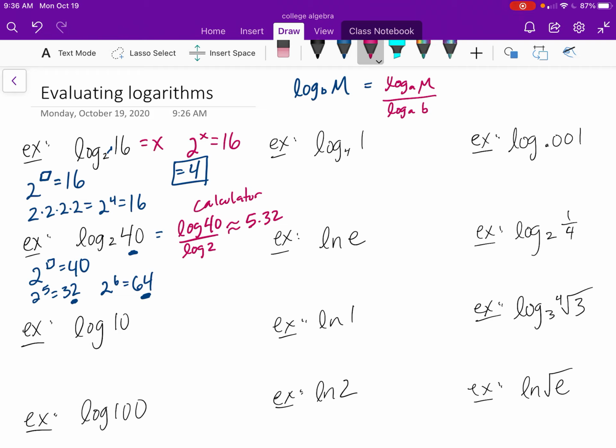Sometimes it's just easier. So the next one, if there isn't a number there, log automatically assumes a 10. So really what this says is 10 to some power equals 10. Well, 10 to the 1 is 10. So our result is 1.